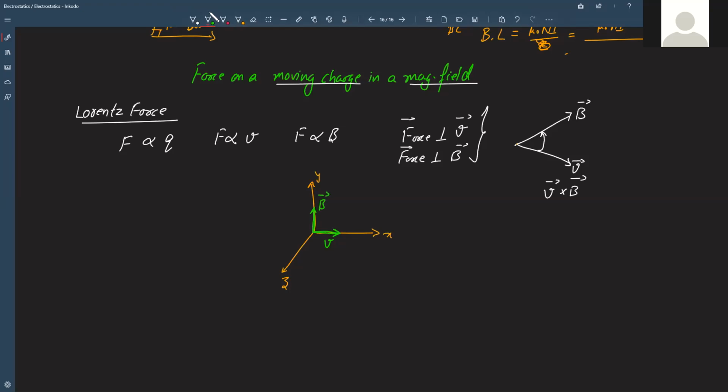Then your force will be along the Z axis. This will be the force, right? There are different rules for that.